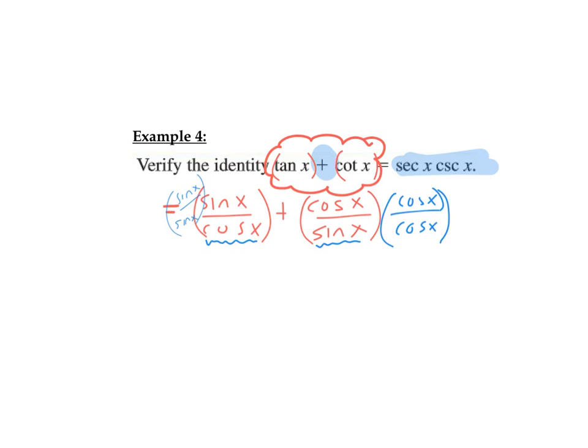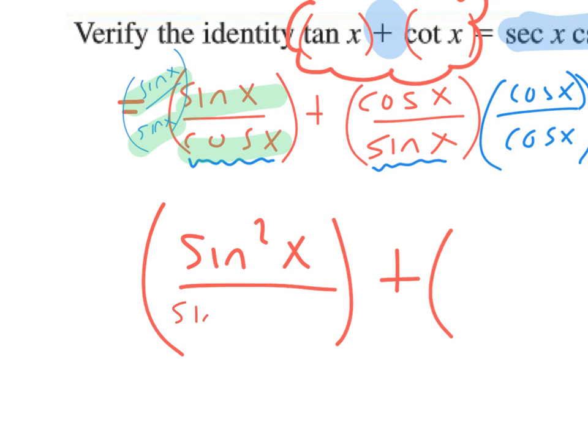Now, we need to multiply. We got a sine x times a sine x, and that makes a sine squared x. And then on the bottom, it's going to be a sine x times a cosine x, so we're going to have sine x cosine x, and they just get stuck together.